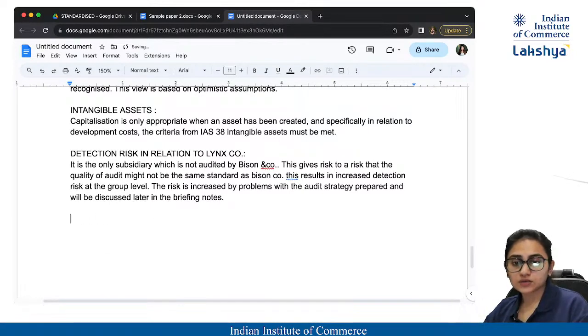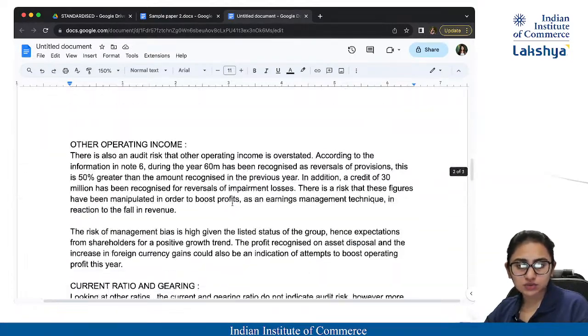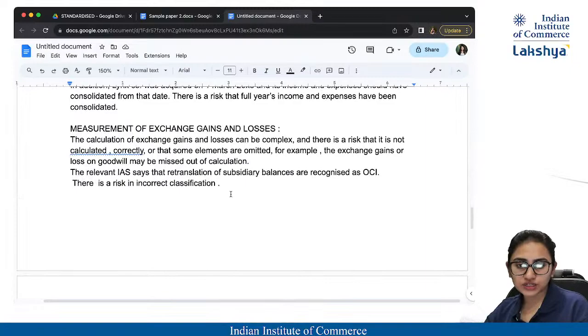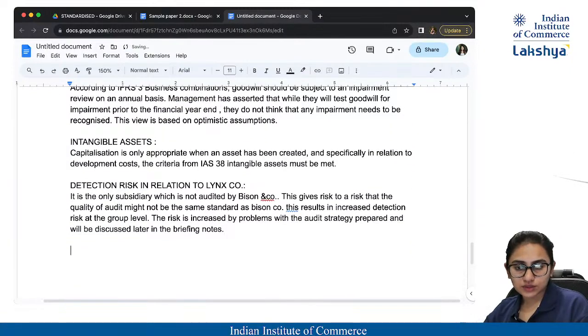We can write the conclusion at the end after we finish everything also, because ultimately this is one answer which is an email that you're sending. So in between also, if you want, you can write the conclusion after the first one, or you can write it at the end also. Okay.